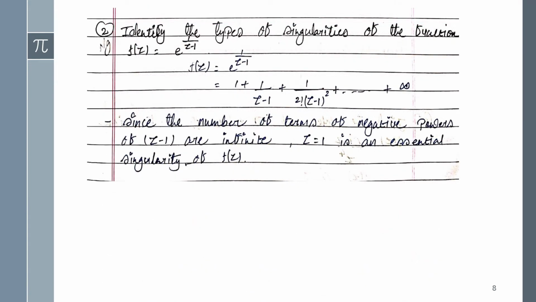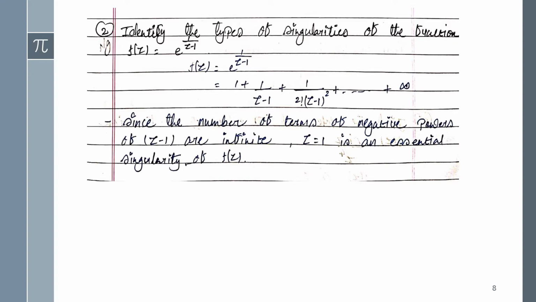Identify the types of singularities of the function. Okay, now you can see that in the equation it's given to find the types of singularities, and that we did in our previous slides, right? So now you have to see all the definitions of the singularities that we did, like essential, removable, isolated. There are so many singularities, but here you have to do what we have done.